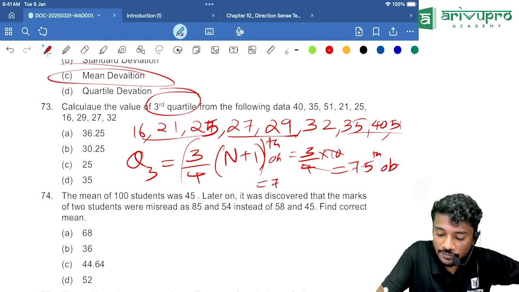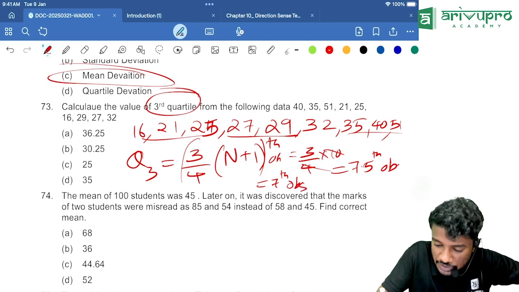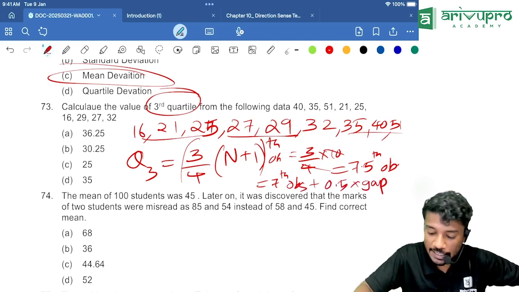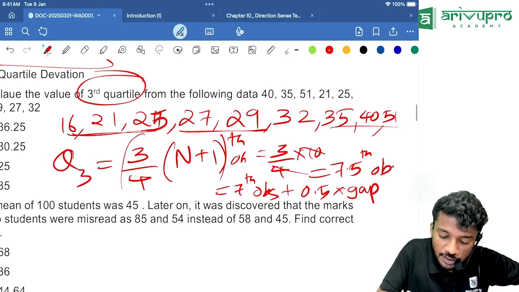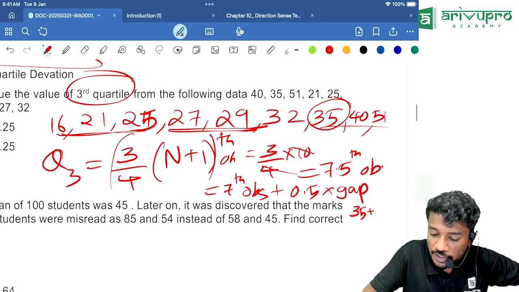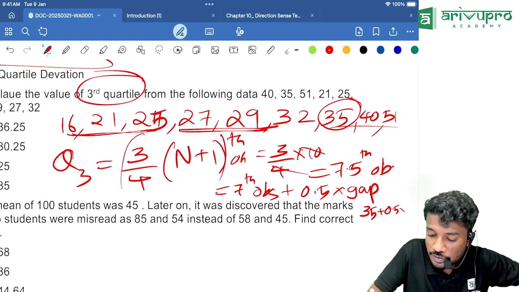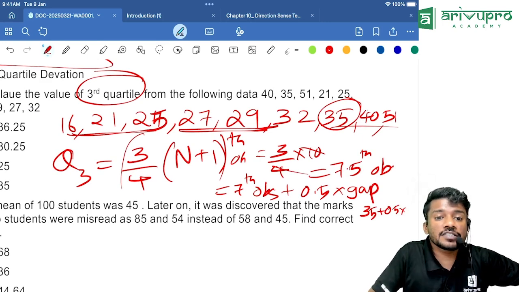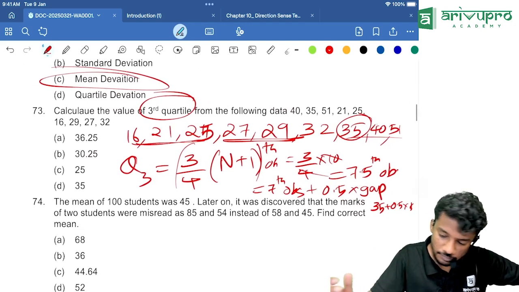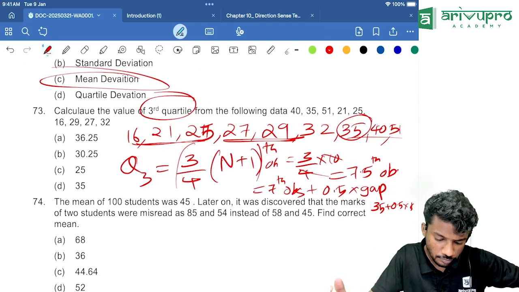That is 7th observation plus 0.5 into gap. Do you remember that? 7th observation is what? 35 plus 0.5 into how much? 40 minus 35 is 5. Answer is 37.5. Somewhere we went wrong. Where did we go wrong?